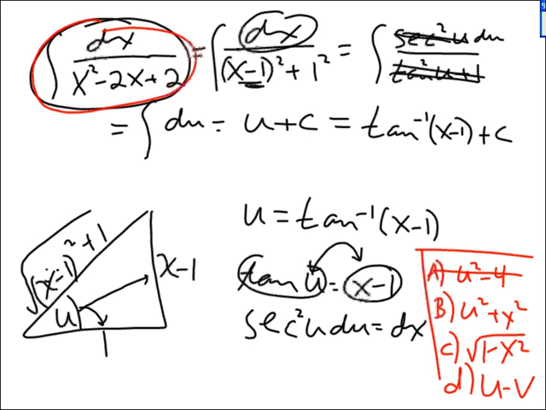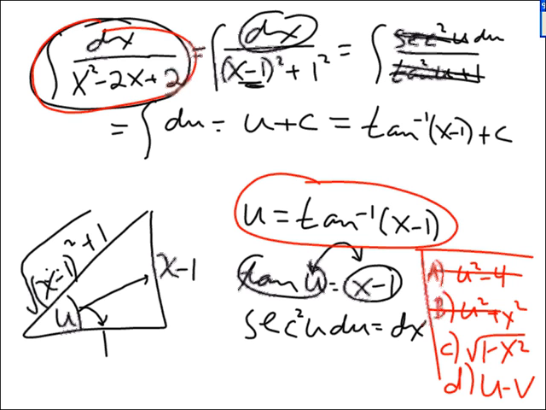You may say, well, we made a u substitution. This is not the only u substitution that would have worked. You can make other u substitutions. So if you and I have different values of u, our answer in terms of u will be different.